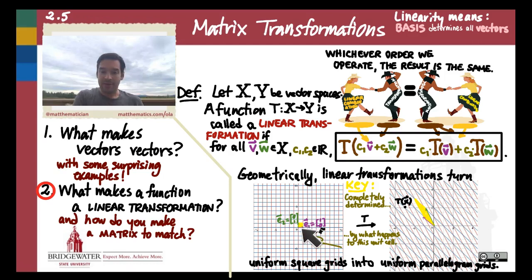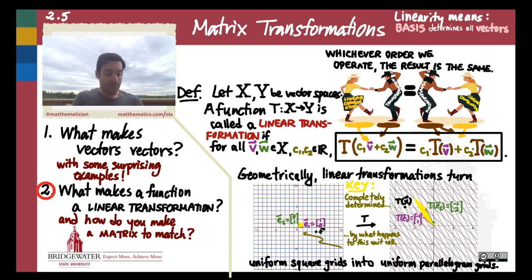Because of linearity, if you tell me what my transformation does to e1, where the purple vector lands in the codomain, and what it does to e2, which lands on this green vector over here on the right, then because of its ability to respect linear combination, you've told me everything we need to know about what happens to this whole unit square. It becomes this parallelogram. But also, you've told me what happens to everything inside the xy plane.